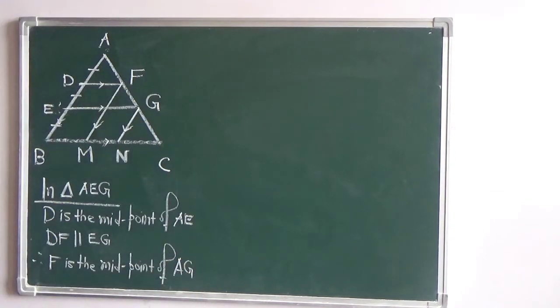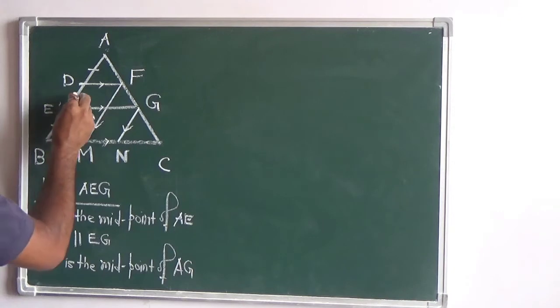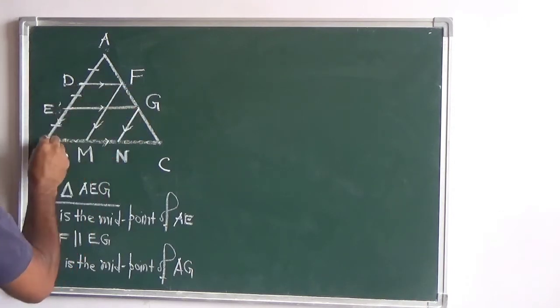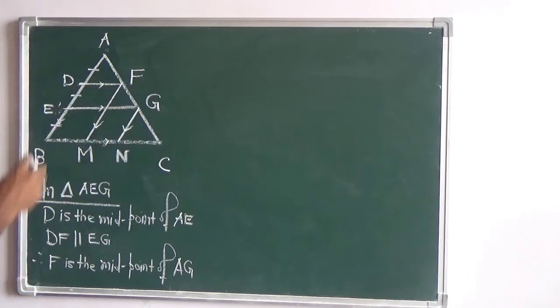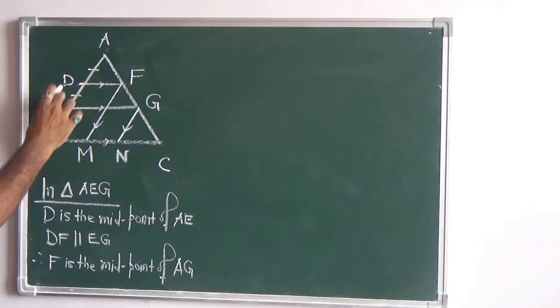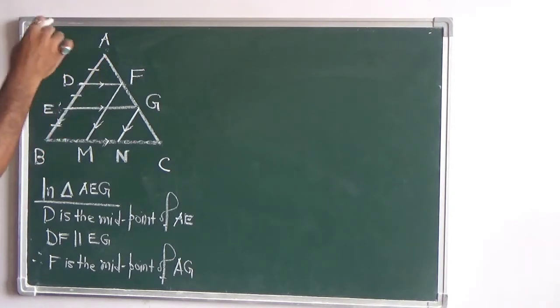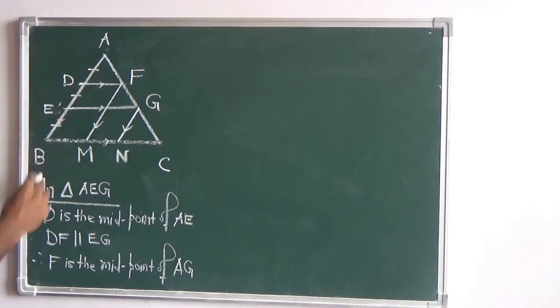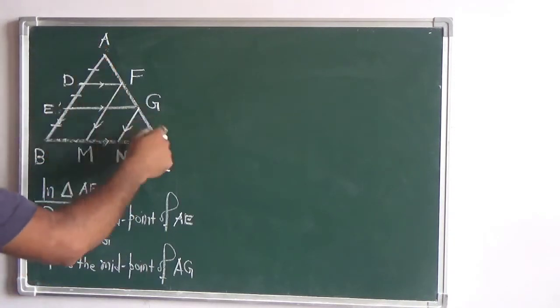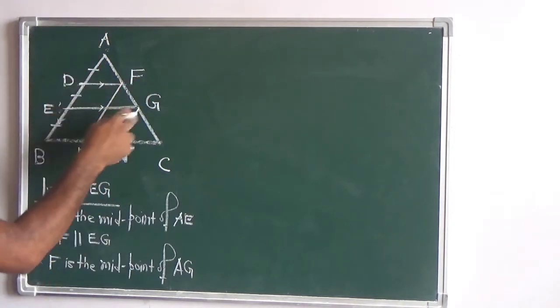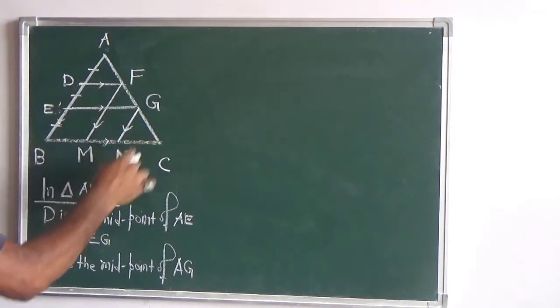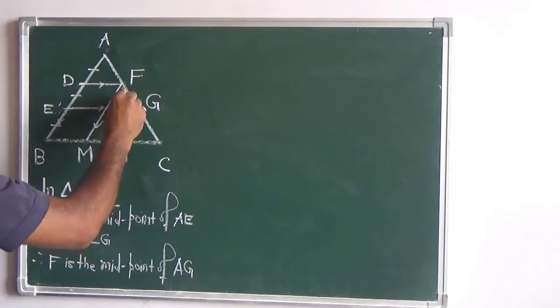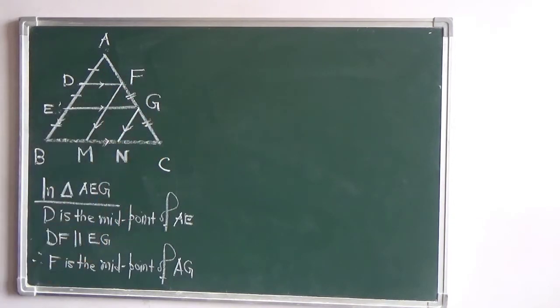So now that we have got that F is the midpoint of AG, let us look at the equal intercept theorem here. Look at the lines DF, EG and BC. These three lines are parallel, and it is given DE equals EB. That means if you take AB as the transversal, this transversal AB cuts off intercepts DE and EB, which are equal in length. Similarly, if you consider AC as the transversal for the same parallel lines DF, EG and BC, then we have FG equals GC by the equal intercept theorem.